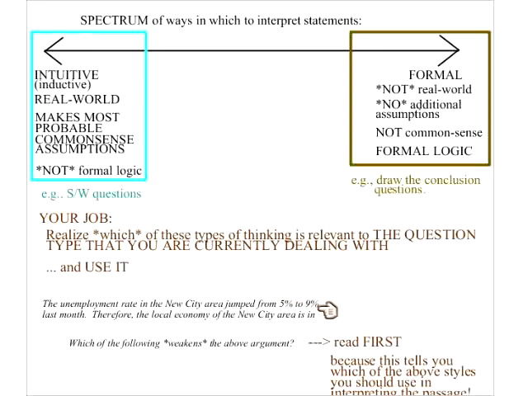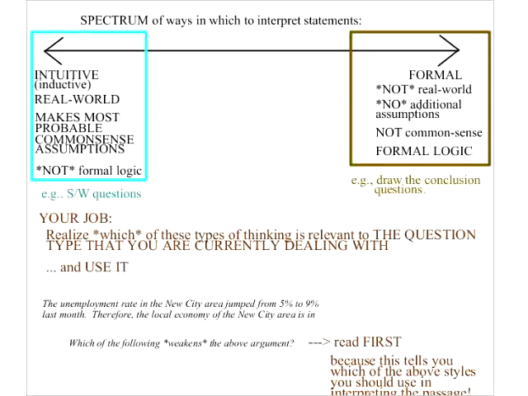In other words, you don't know whether you need to read this in a very literal, very nitpicky kind of way, or if you should just read it for the gist of the argument, until you read the question type. So when you read the question type and it says which of the following weakens the argument, you know that your job is to read for the general principles and use your intuition to see what affects the argument.